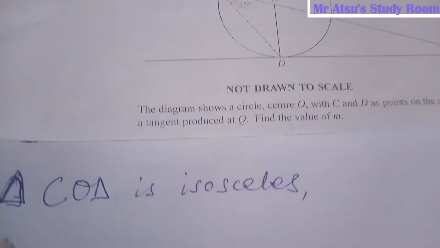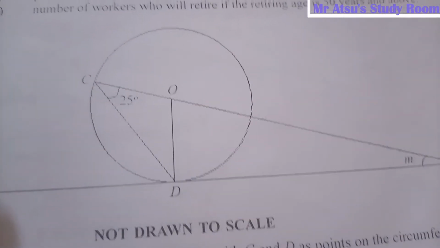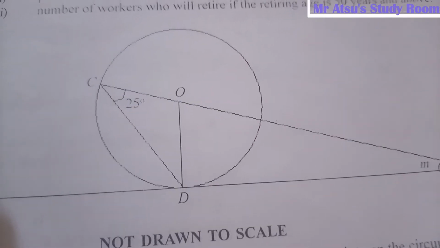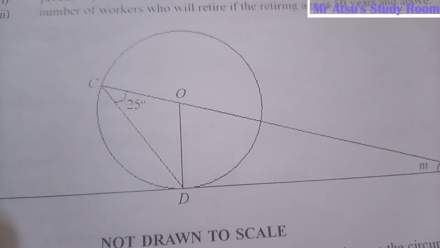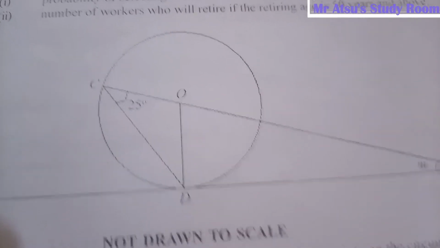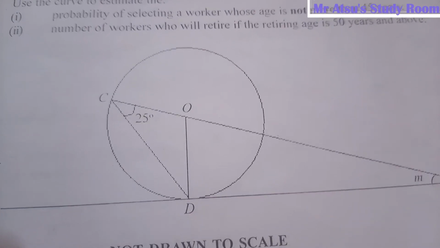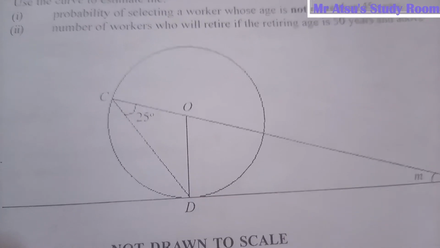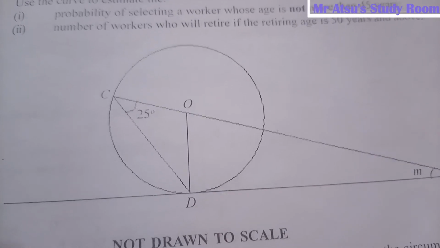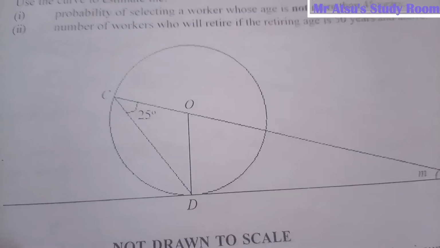So this implies that, let me keep it on the diagram while I write, this implies that angle OCD will be equal to angle CDO, which will also be equal to 25 degrees.